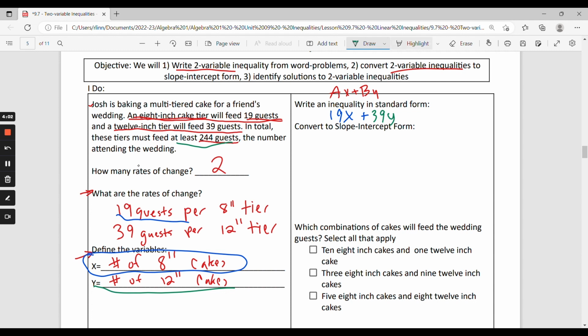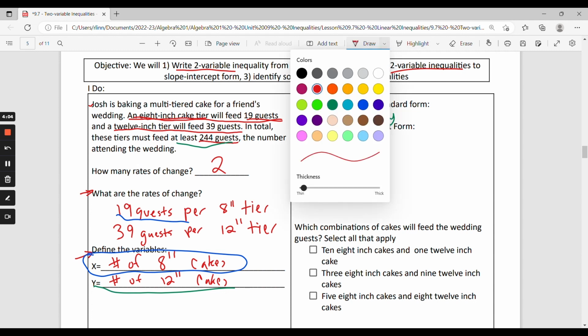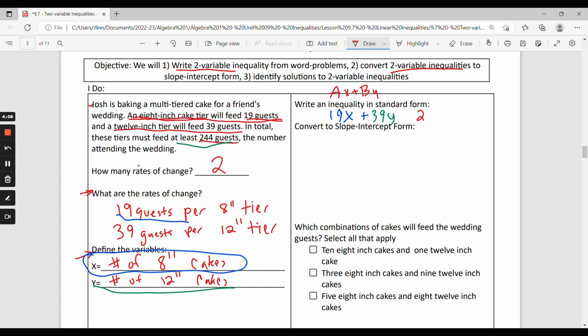So if I'm going to be comparing that number to that 244 guests, on the left side here, this is my cakes, and that needs to be greater than or equal to the number of guests, because it has to be at least that number of guests. So my inequality then is 19x plus 39y is greater than or equal to 244.